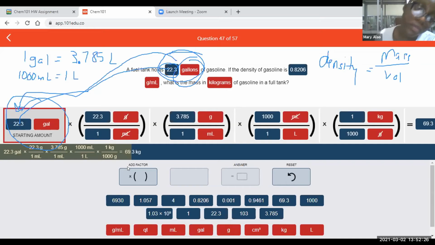To get rid of gallons, you have to put 3.785 liters. Show me, and then talk as you show me. Drag your 3.785. Is that going to be on the bottom or on top?